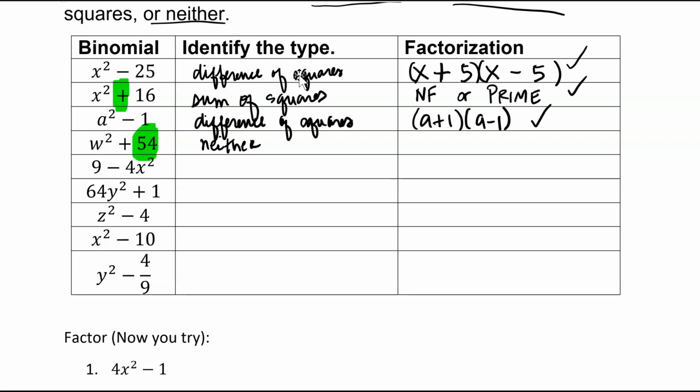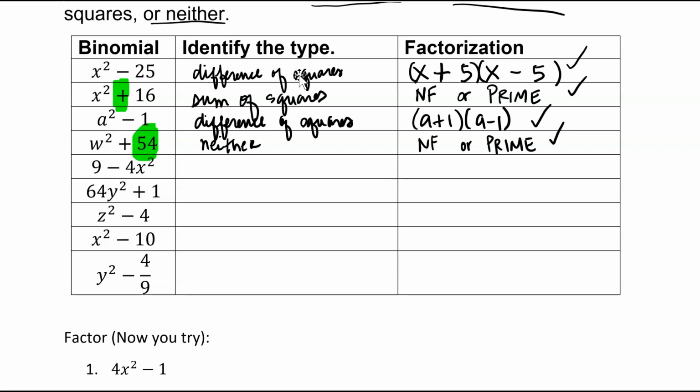So we can't say that this is a sum of squares if 54 is not a perfect square. We say difference of squares referring to perfect squares. And if it's not a perfect square, then it doesn't meet the criteria of being sum of squares. So neither, and we could say not factorable again, right? Or prime. So pay attention to what the instructions say in WebAssign for these.